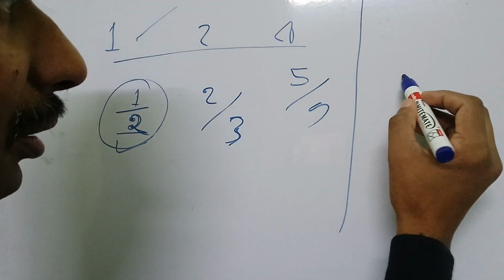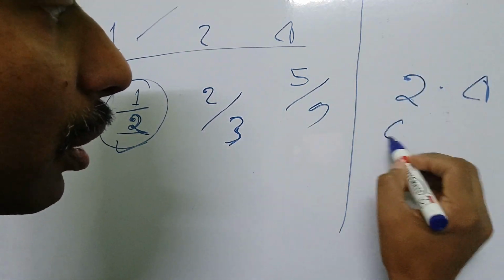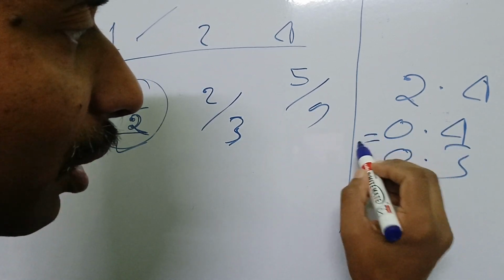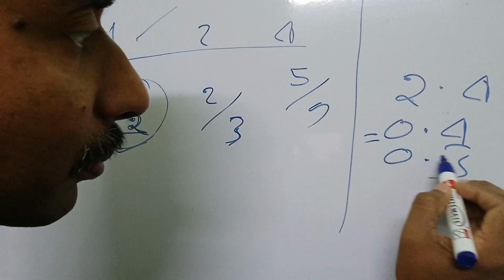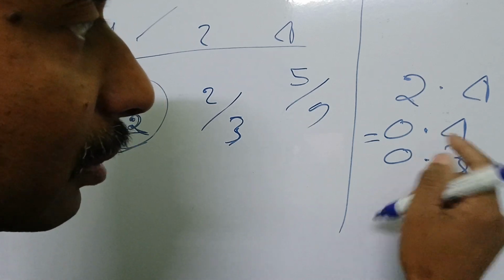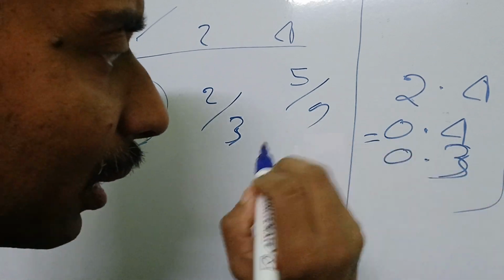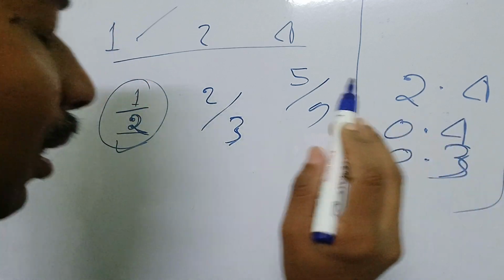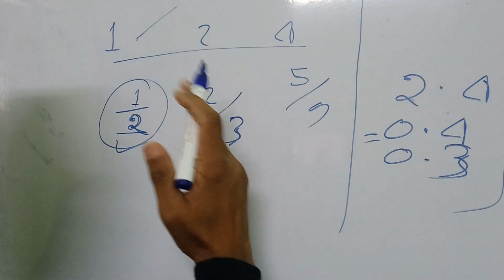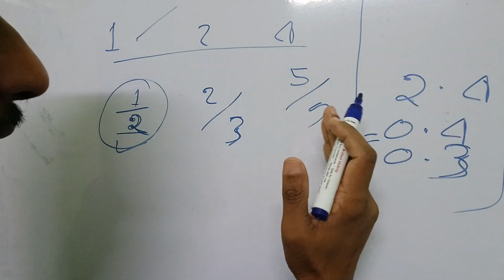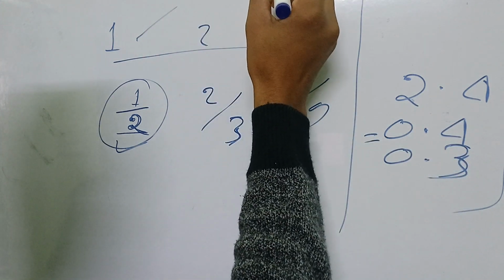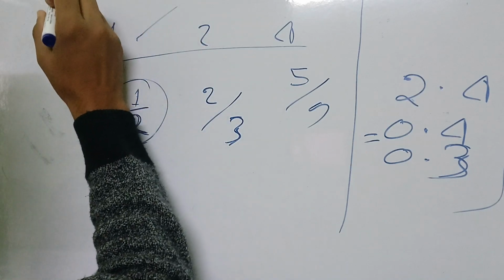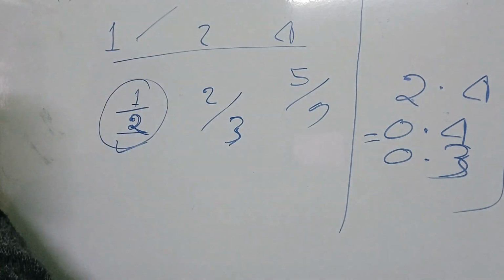And decimal numbers: 2.4, 0.4, 0.3. This 0 is just for denoting the point. This is called decimal numbers, with a decimal point. After the decimal point, it's the tenth. On the left hand side of the decimal, we count units, tens, hundreds, thousands, 10,000s.